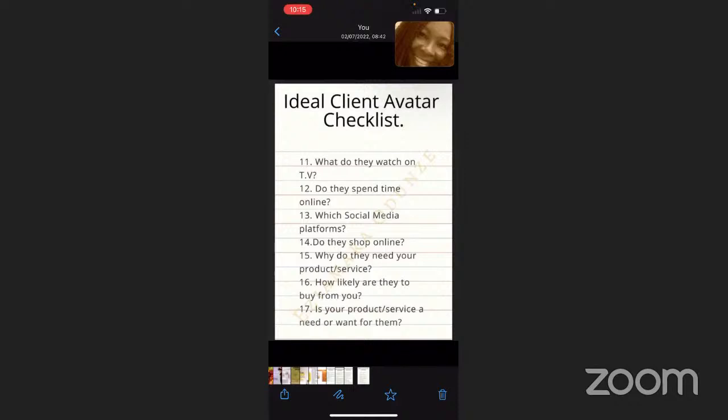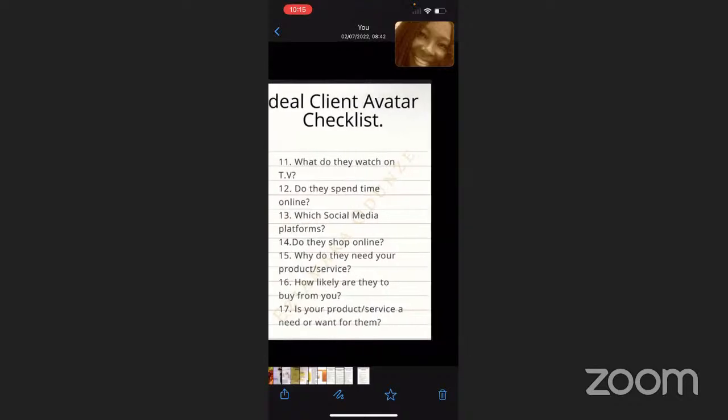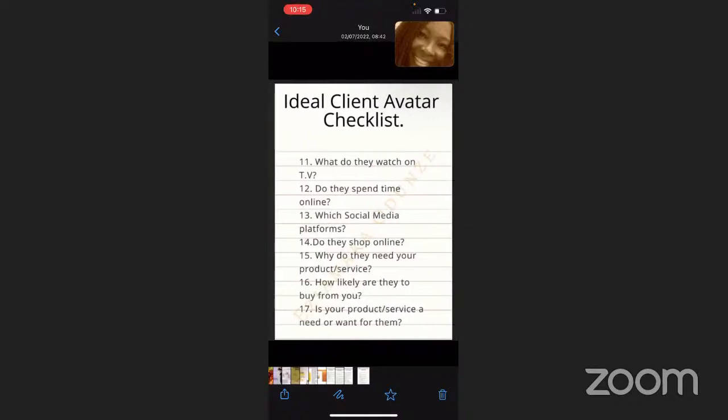All right. Number 17, is your product and service a need or a want for them? Of course, a need is different from a want. A need is something that, if the person doesn't have it, it will pain them. If the person doesn't have it, life will not go on normally. But a want is something like leisure.